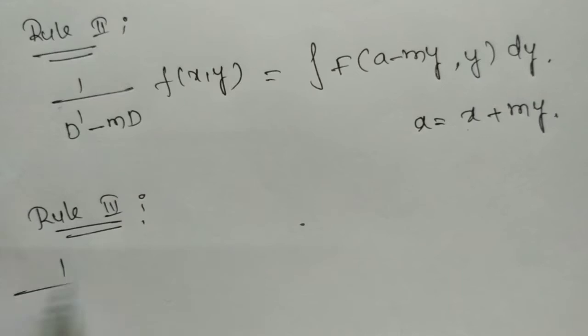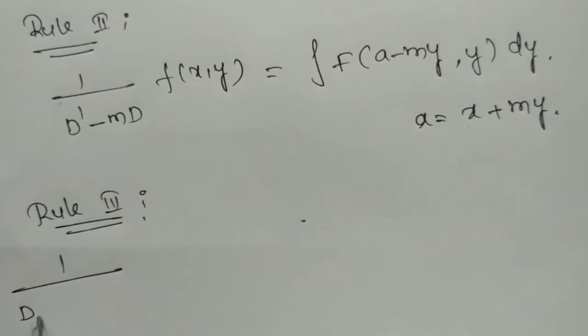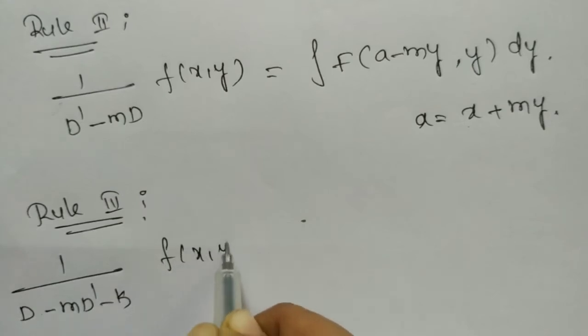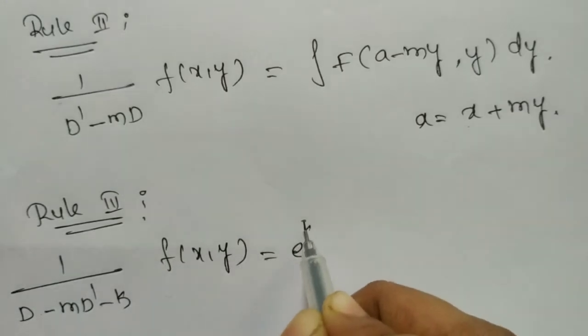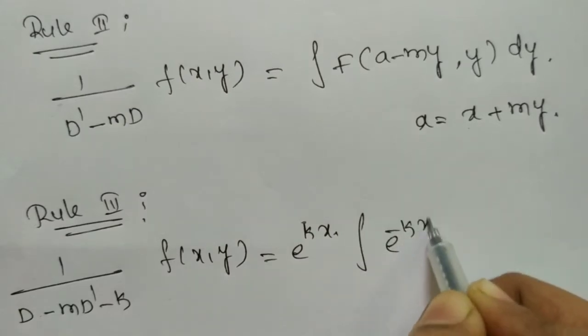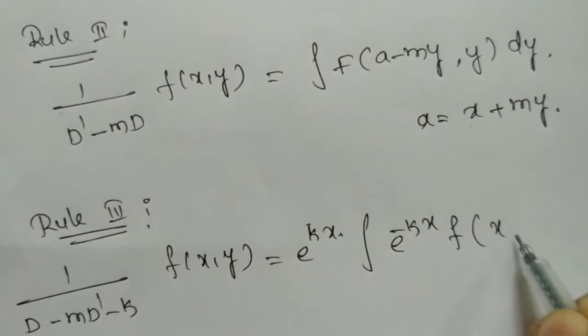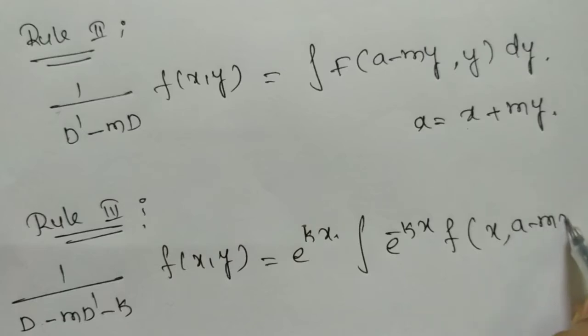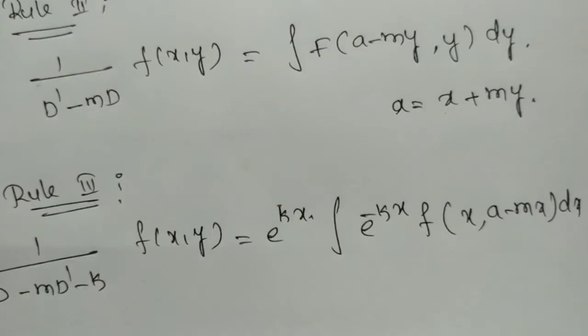If the differential equation is of the form 1 by D minus mD dash minus k into f of x, y, it equals e power kx times the integration of e power minus kx into f of x, a minus mx into dx, where a equals y plus mx.